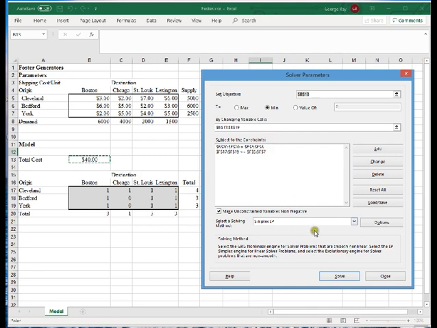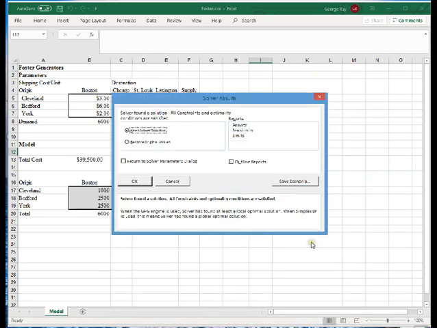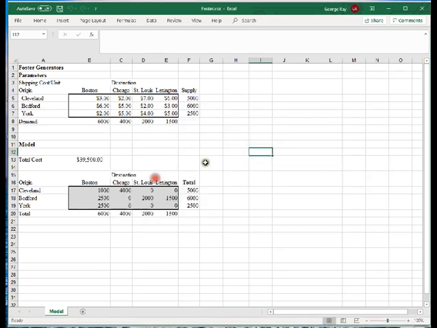So those are our constraints. We'll go ahead and solve this one. Click OK. And here's the quantities we ship from each origin to each destination in the gray box to minimize our cost, and we're going to get a minimal cost of $39,500.